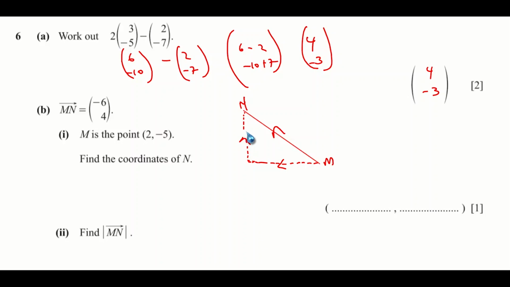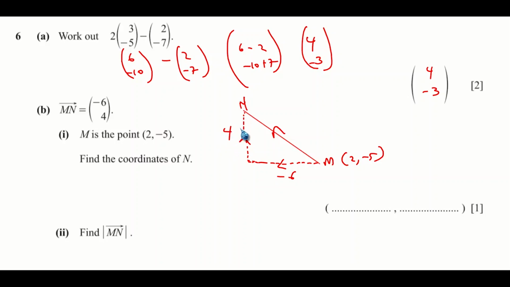So MN is negative 6 against 4, and M is the point 2, negative 5. That means you move 6 times towards the left-hand side, then go up 4 times. So find the coordinates of N.